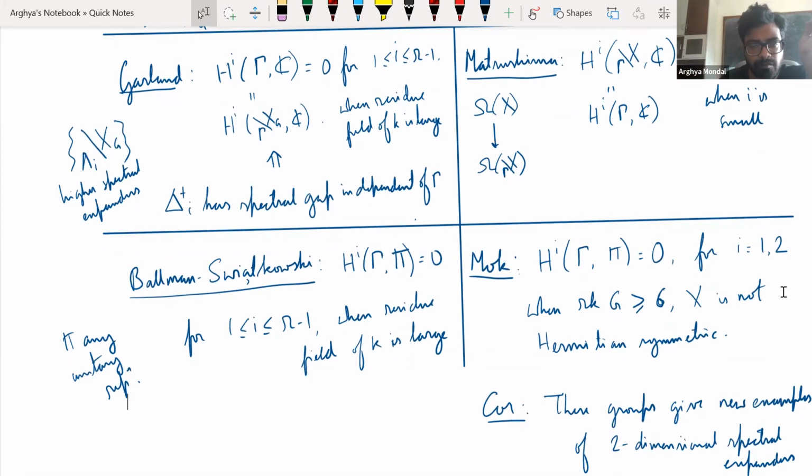But that condition of the residue field being large remains. And so this implies that gamma are, let's say, strongly (n minus 1)-Kazhdan groups.